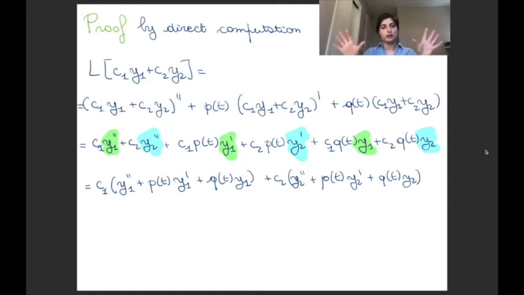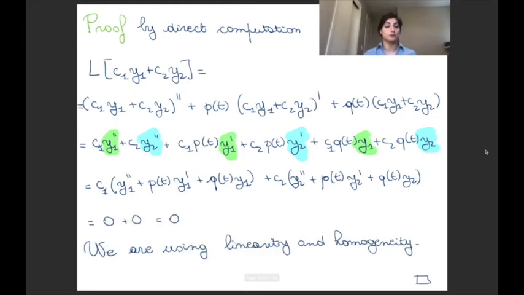These two blocks are exactly the differential operators applied to y1 and y2, so these two blocks are equal to 0. And the fact that they're multiplied by constants doesn't matter, they're still equal to 0.